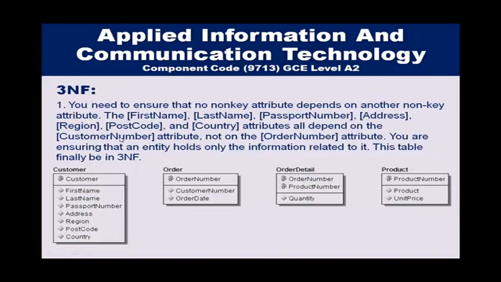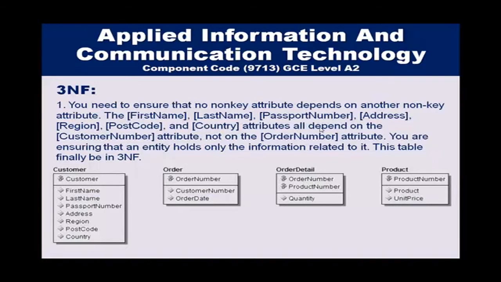Now I am again reading this. You need to ensure that no non-key attribute depends on another non-key attribute. The first name, the last name, passport number, address, region, postcode and country attributes all depend on the customer number. They all depend on customer number, right? If the customer number is there, that means all the information contained in different tables, let's suppose customer, order, details and product.